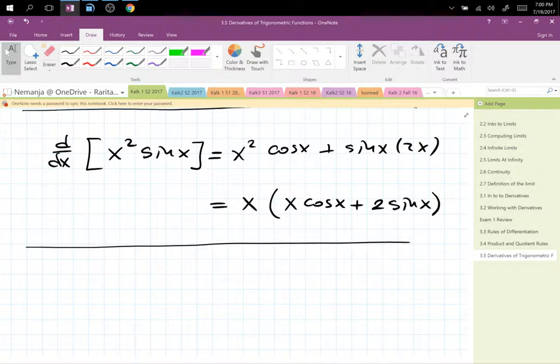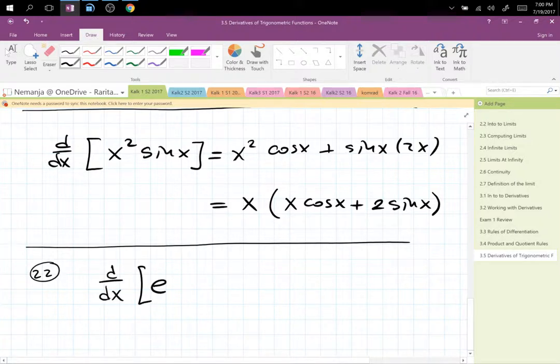Let's take a look at more of these exercises. So here, this is problem 22 in the textbook. The derivative of e to the 6x times sine x.